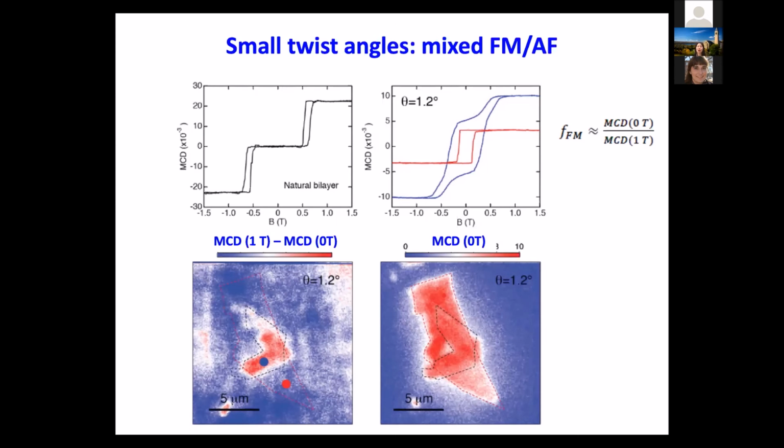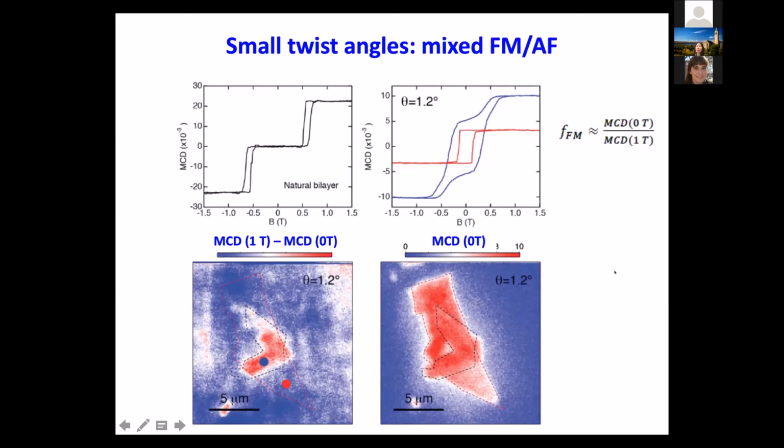And by the way, for optical probe, we are looking at a spot about 1 micron. So the image here shows that we have remnant magnetization in both bilayer case and monolayer. But if you subtract, for example, the saturated magnetization and the magnetization at zero, you only get the bilayer area giving you a signal, and the monolayer disappears.